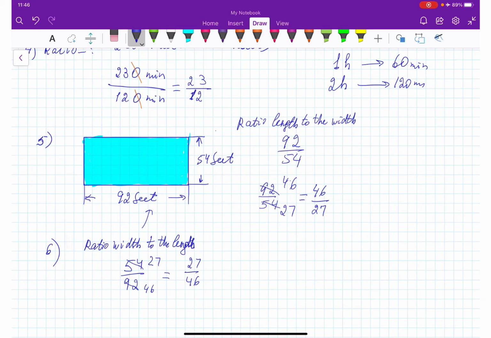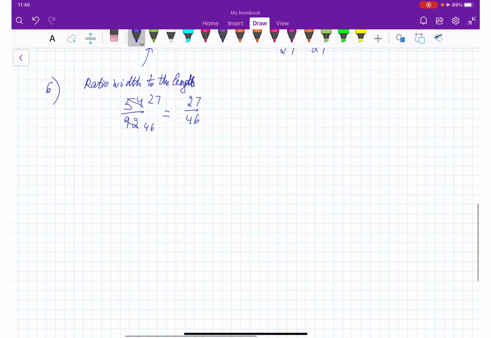Okay, moving to question number 7. An object comes in many diameters. Find the ratio.